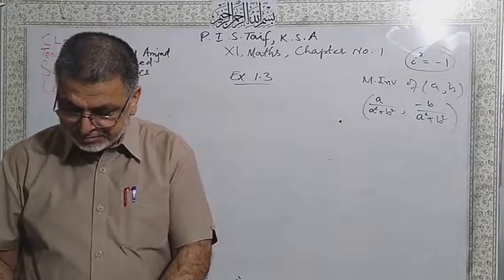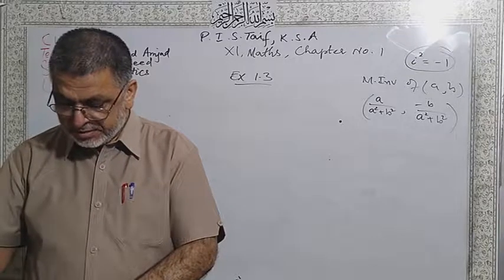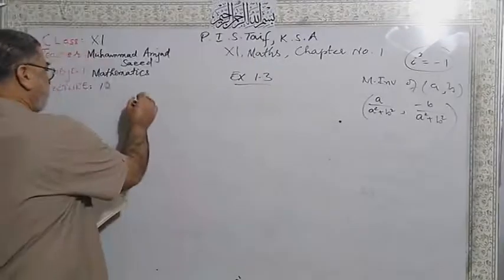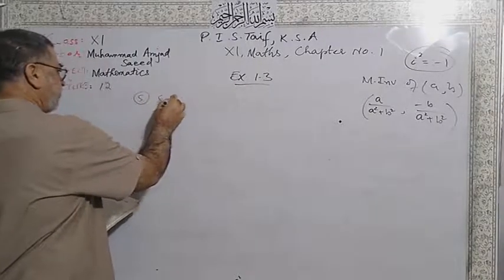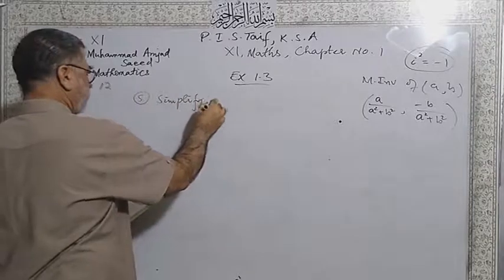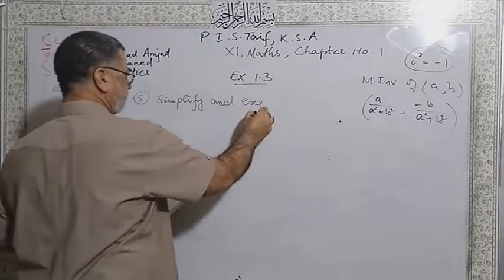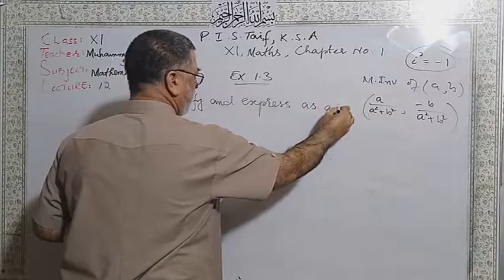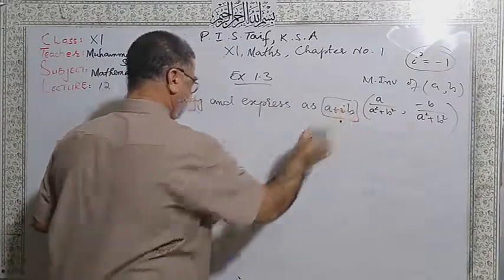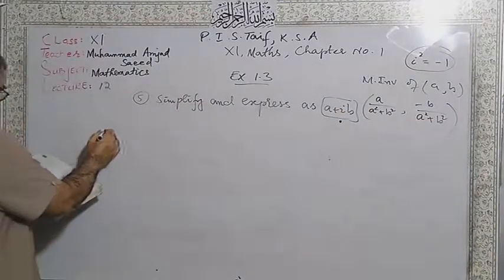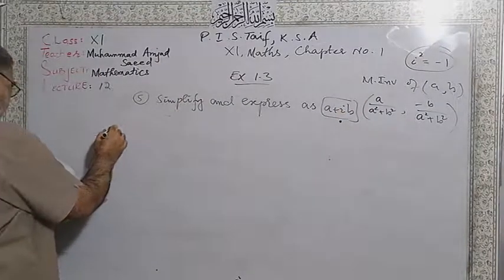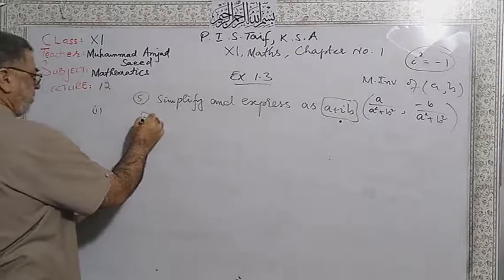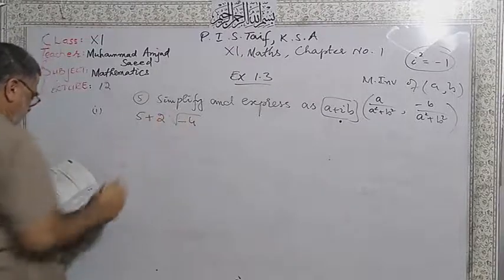Now we have to simplify by expressing in the form a plus iota b. Question number 5. Simplify and express as a plus iota b. For example, part number 1 is 5 plus 2 into the square root of minus 4.